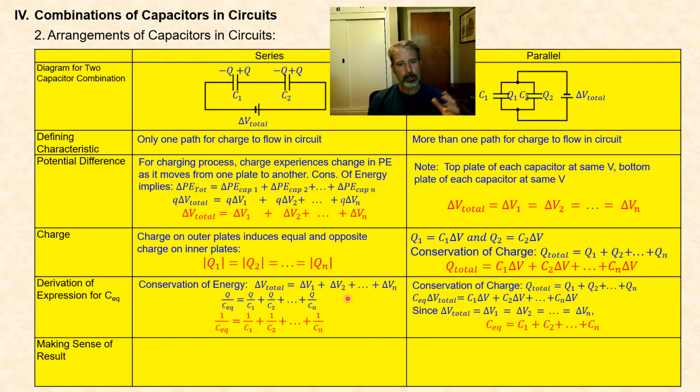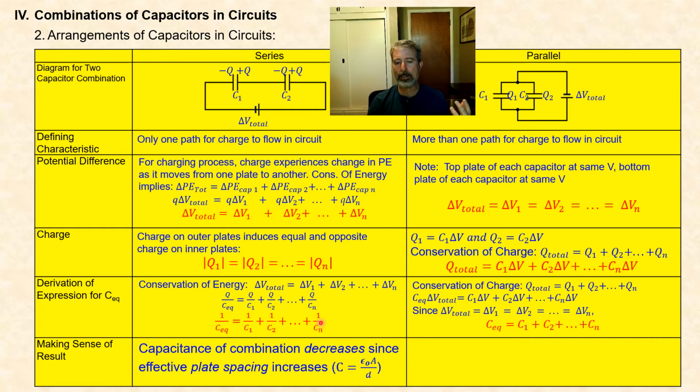So let's finally ask ourselves, does this result make sense? Well, it should. When we look at the equivalent capacitance for the series arrangement, adding capacitors in series causes the overall or equivalent capacitance to decrease. Think about what you know about the parallel plate capacitor. Every capacitor we add to our circuit, think about what it does to the effective plate spacing.